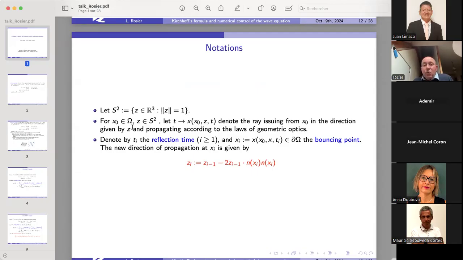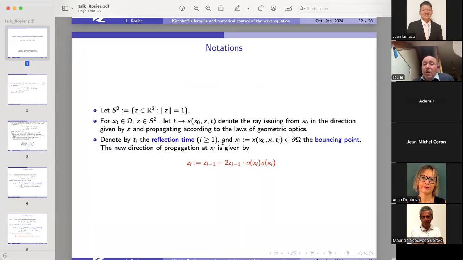When x0 is in the set omega and Z is the direction, we denote by x of x0, z, t the ray issuing from x0 at time 0 in the direction Z, which propagates according to the law of geometric optics. I mean that it will be reflected along the boundary of omega.